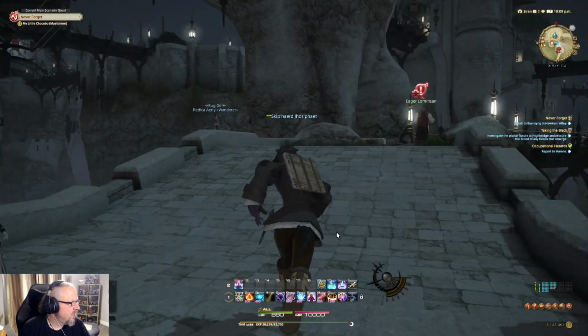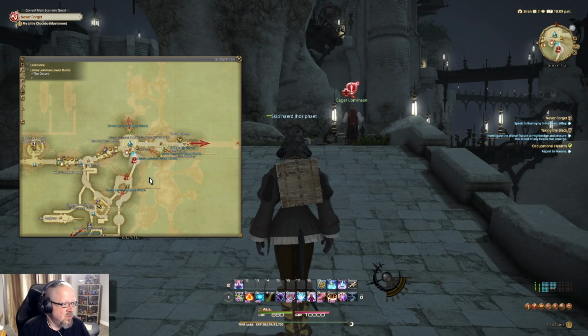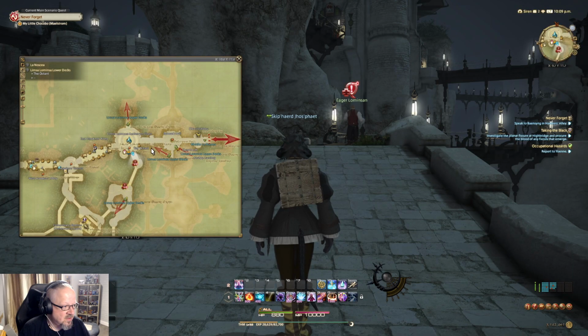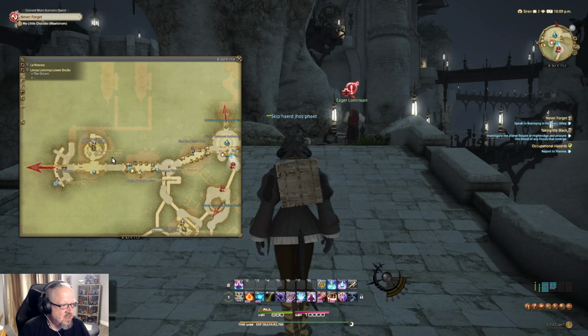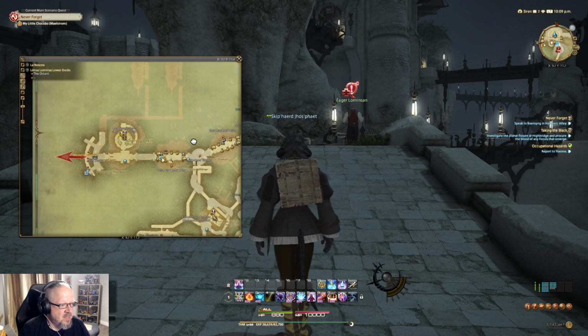I think it was over here. No. Where am I supposed to be going? No, I do not. It's not. Our Fisher Arcanist duty calls. No, we want my little chocobo.